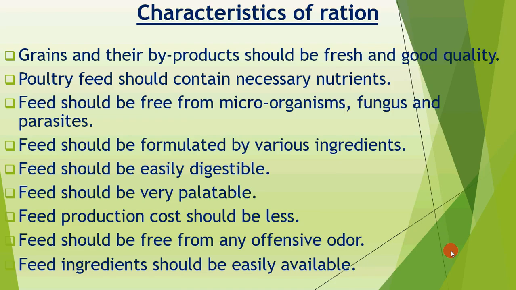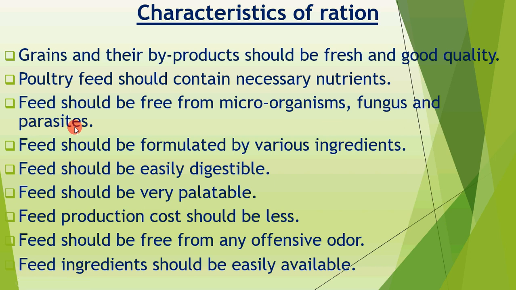Next, the important thing is characteristics of ration. When you select the ration, you have to understand the characteristics. The food should be fresh and of good quality, and all types of necessary ingredients or nutrients should be present in that food. That food should be free from microorganisms like virus, bacteria, as well as fungus and parasites.